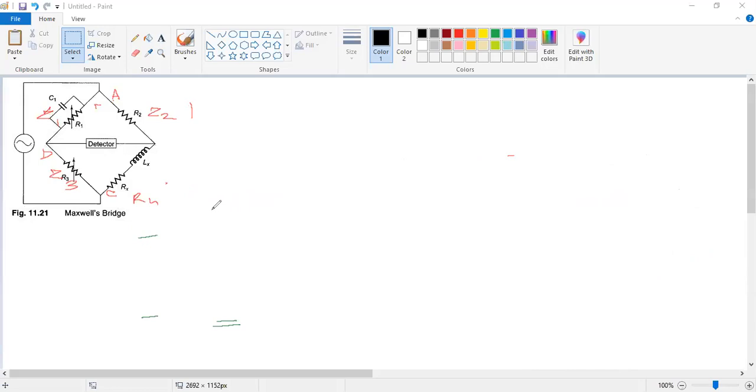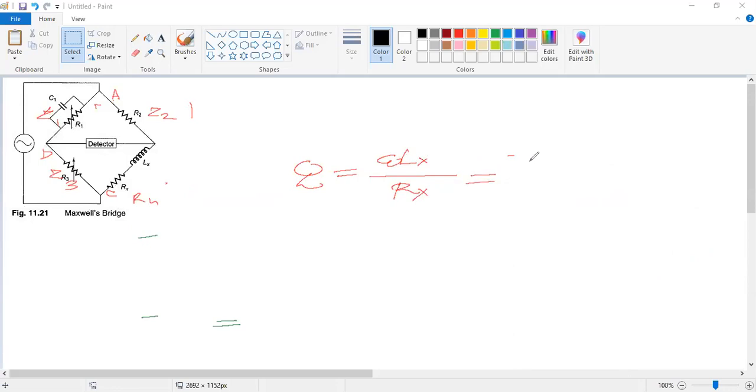Now quality factor is Q equal to omega into Lx, or L, whatever you want to call it, divided by the Rx. This is omega Lx per resistance.